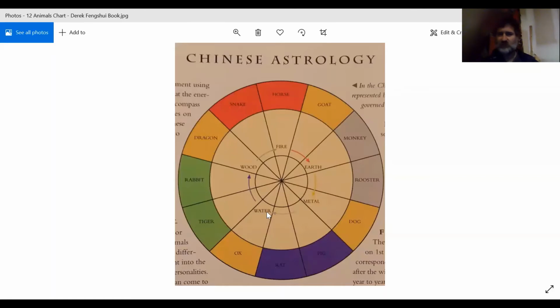We're going to start with wood, then we'll go to fire, to earth, to metal, to water, but it switches, it goes yang to yin, yang to yin, yang to yin. So we get the 10 heavenly stems. So we'll start with yang wood, we'll go to yin wood, and then we'll go all the way around, and we'll end up at yang water to yin water.